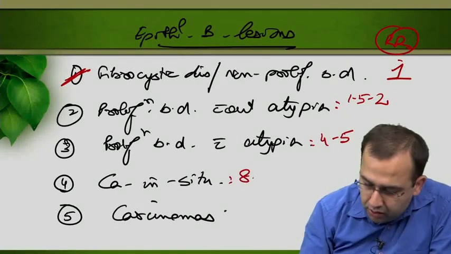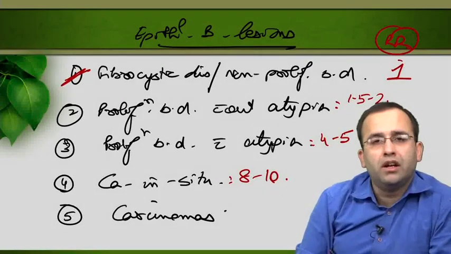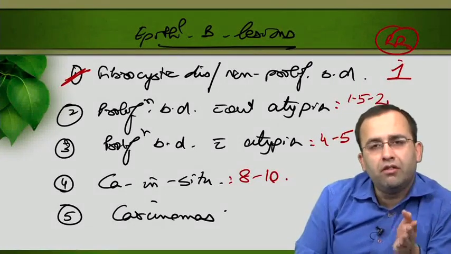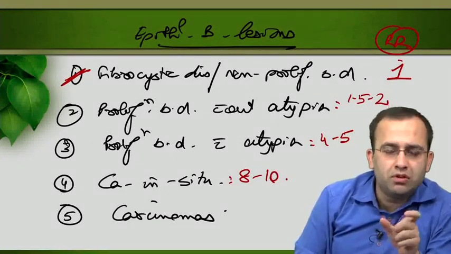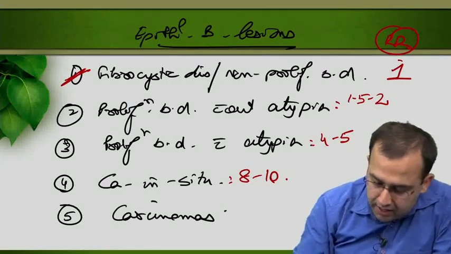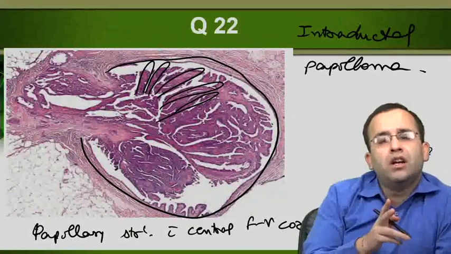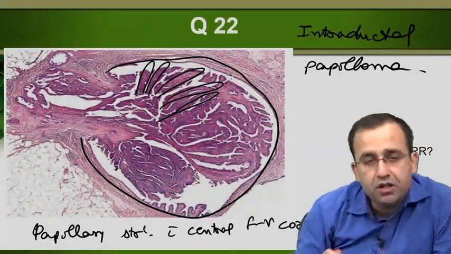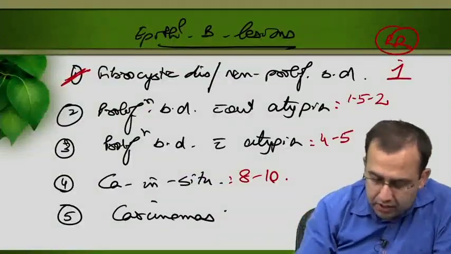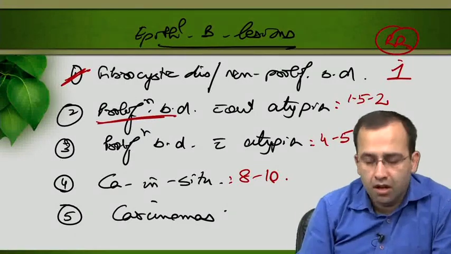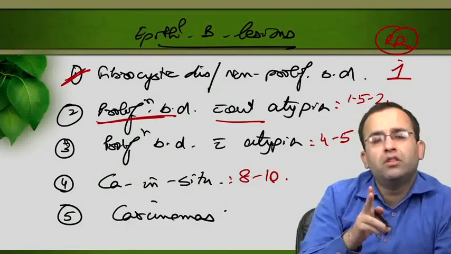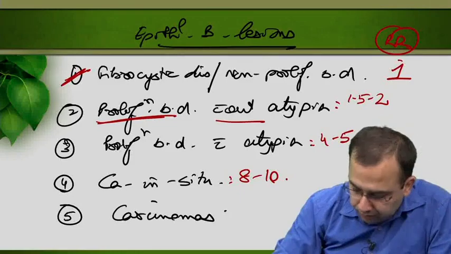Category 4, 8 to 10. Category 5, cancer has already developed, so there is no concept of a relative risk. Hence, the diagnosis in the previous slide was intraductal papilloma, which is a category 2 lesion, that is, a proliferative breast disease without atypia. So relative risk 1.5 to 2.